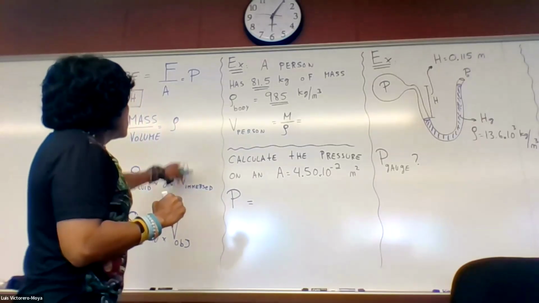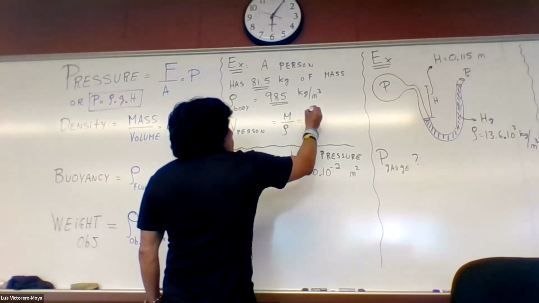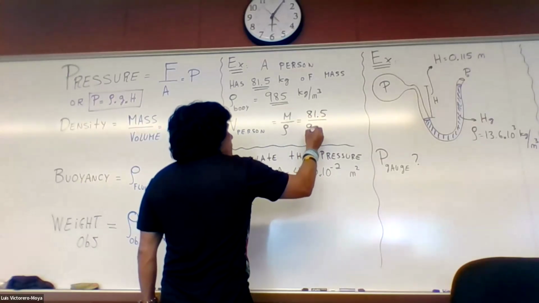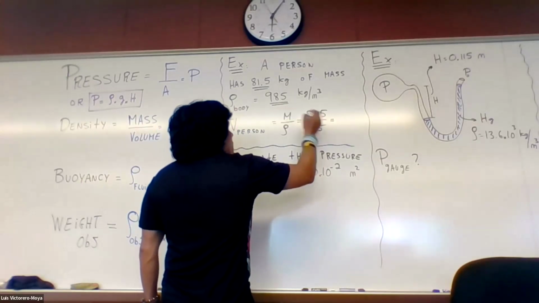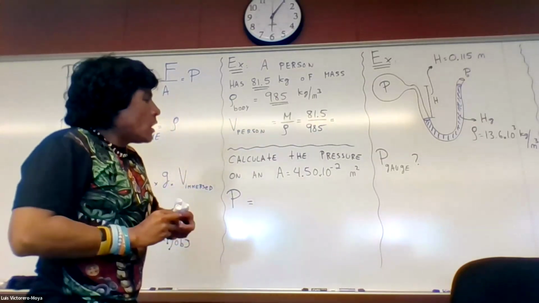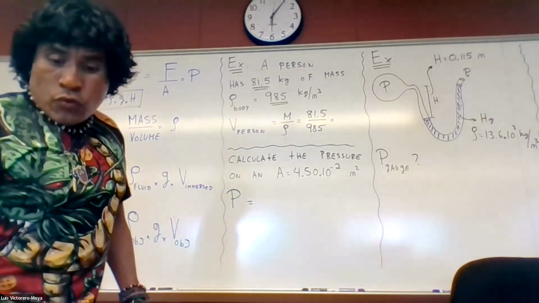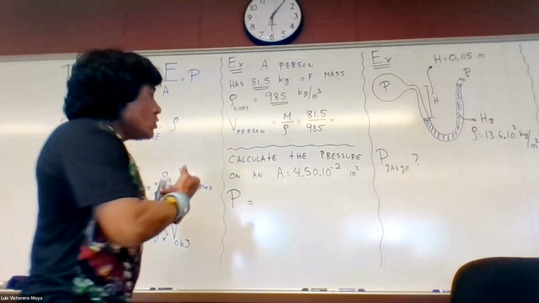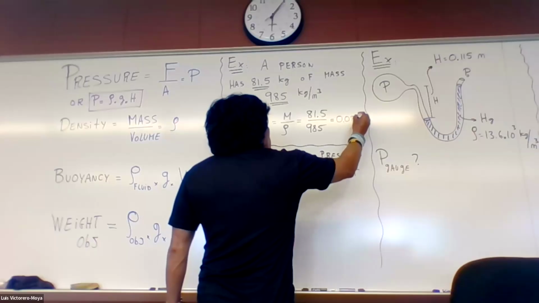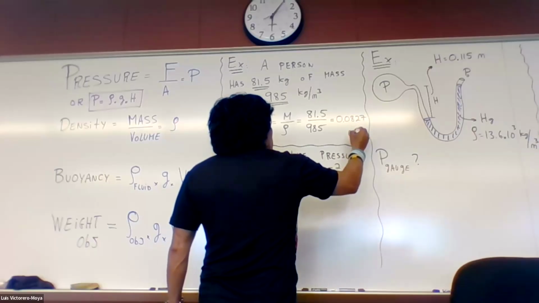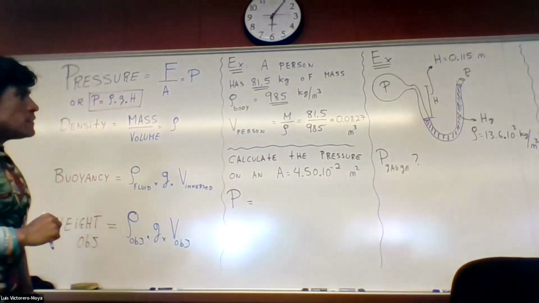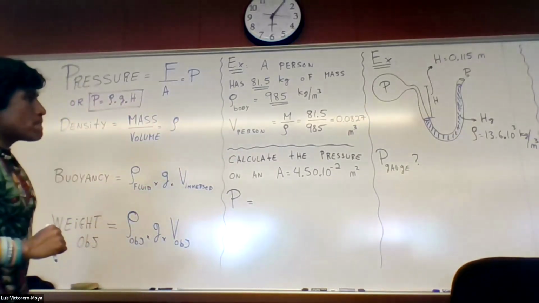The mass is 81.5 and the density is 985 kilograms per meter cube, so you're going to get a volume in meter cube. If you do the division, you get 0.0827 meter cube. That's just how you can use the equation of density and how you can rearrange it.